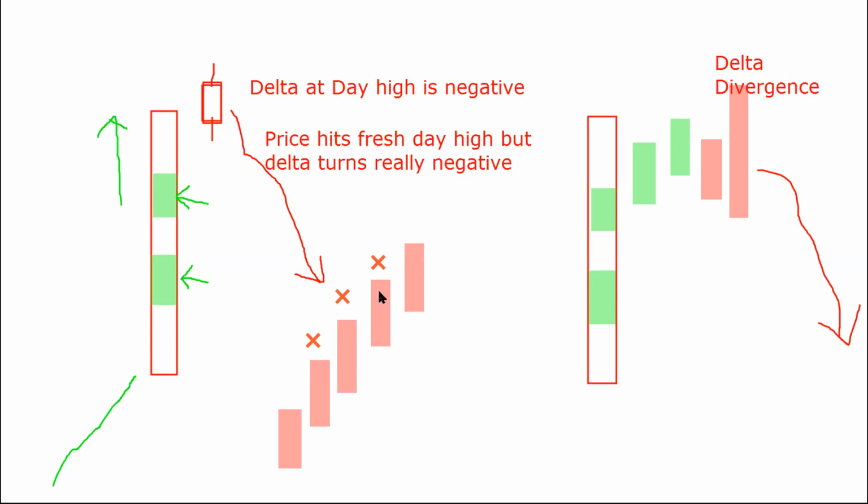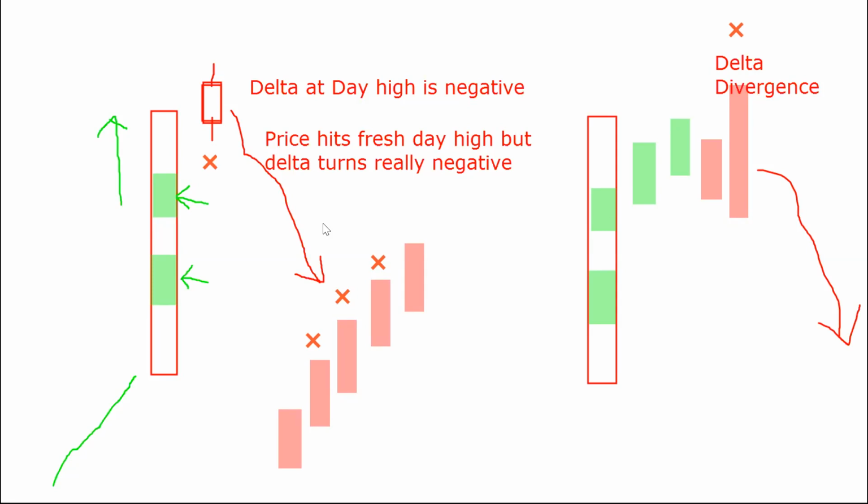Those are the places where you'll get delta divergence signals. In good trending markets, you might miss the move if you look only for delta. But what I'm talking about here is a delta divergence occurring at these places after a high volatility candle, which is where one can look for mean reversion setups.